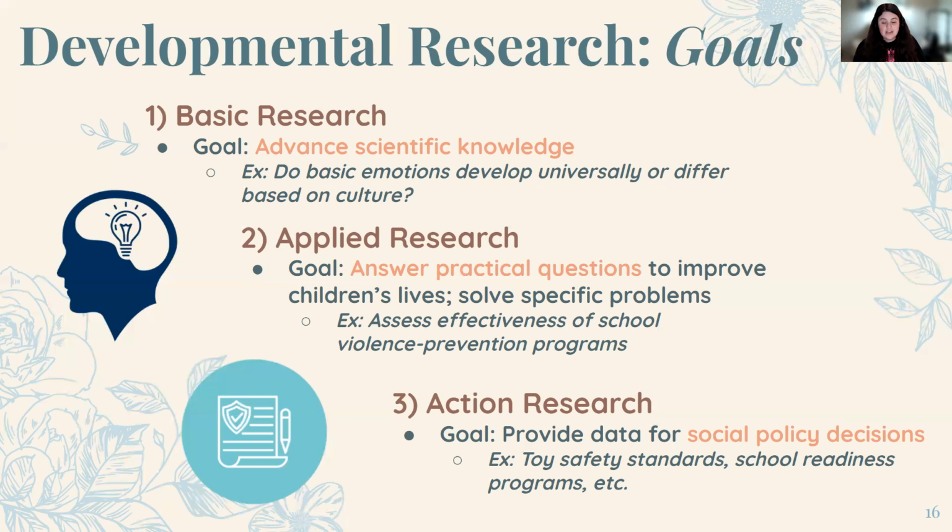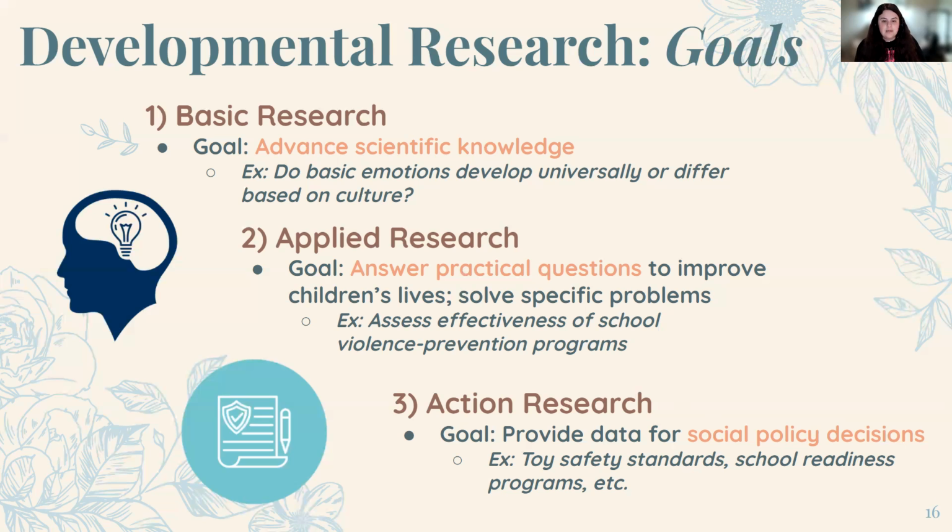Lastly, we have action research. The goal here is to provide data that can be used in social policy decisions. So you can think of it as the cousin of applied research. There's definitely similarities. They have real world implications in their main goal. But in this case, the audience is specifically legislators and government officials, as opposed to maybe scientists and developmental practitioners.